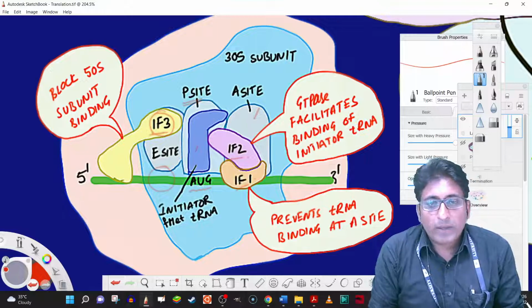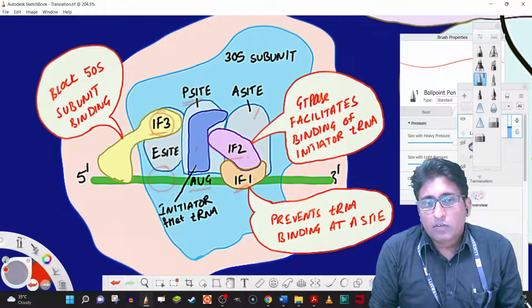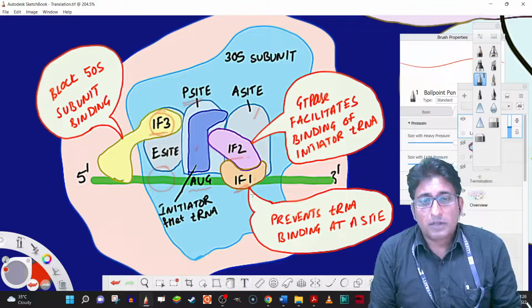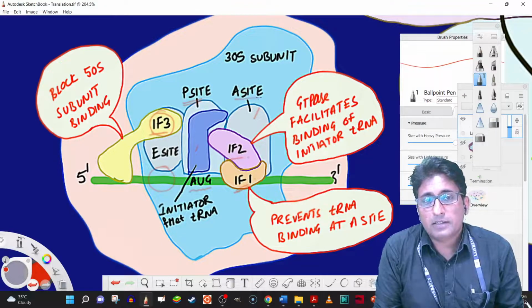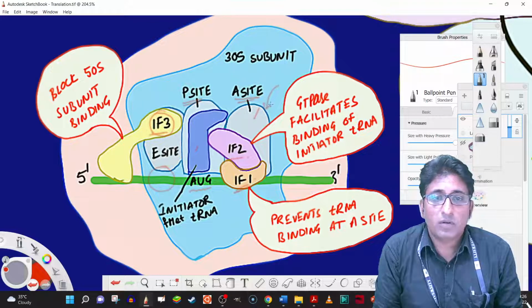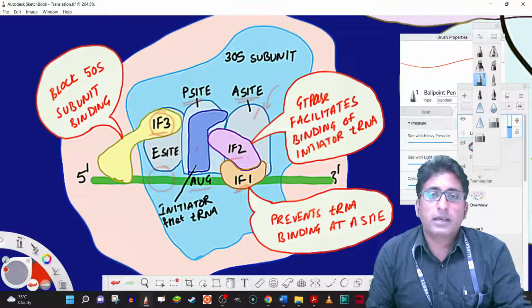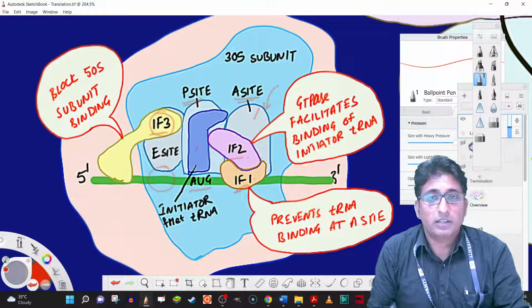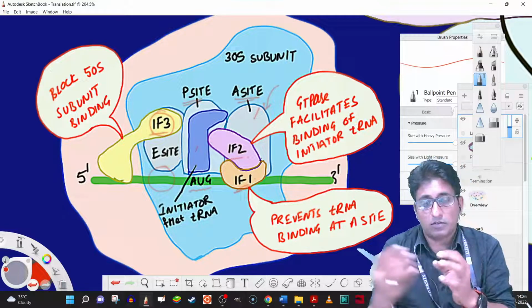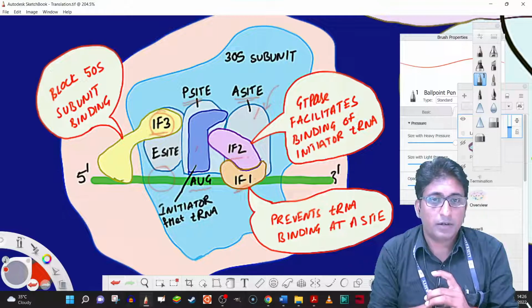And we have IF1. IF1 should be bound in the A site, so that no tRNA is bound here. As we can estimate, the A site has high affinity for tRNA. The shape of the A site fits that of a tRNA.